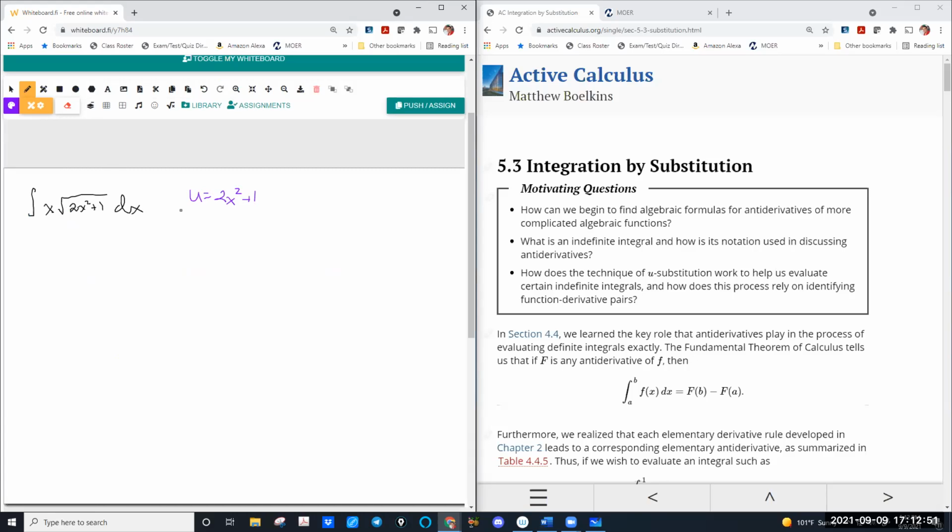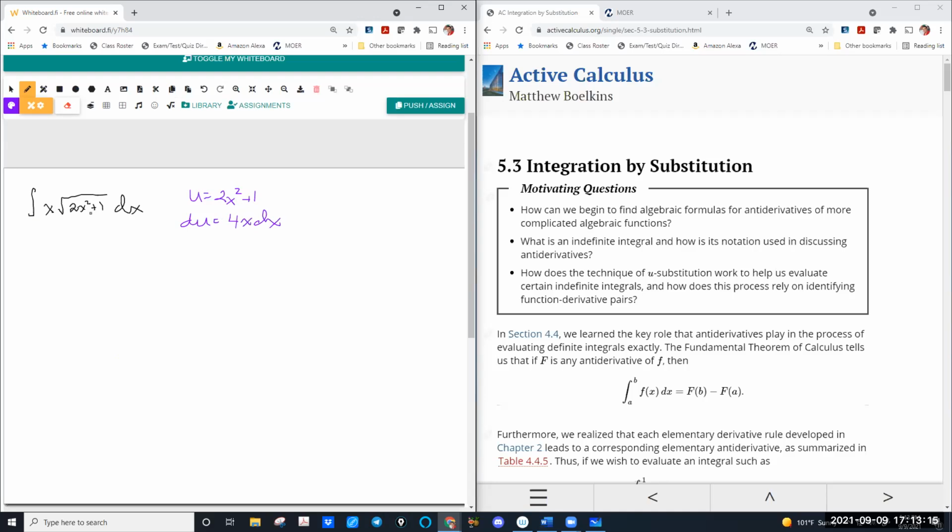Now, when you're looking for your u, another thing that we need to make sure is that we can get the du in there. For example, if this x was not here, this would not be a u substitution problem, because look what happens when I get my du. 4x dx, I'm just taking the derivative of u.